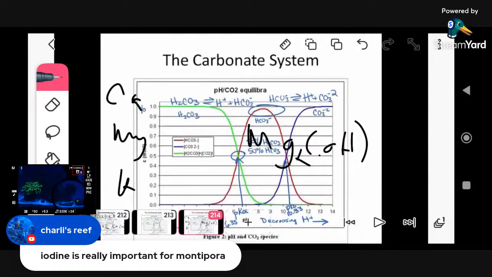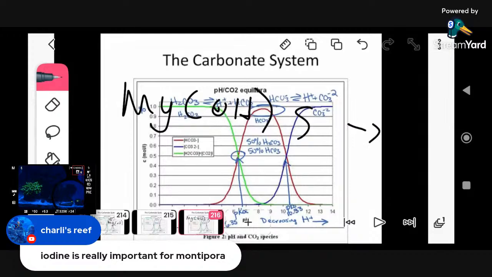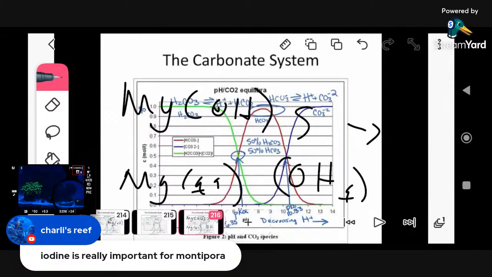Magnesium hydroxide, again, is a strong base. So again, it's going to dissolve in solution. So even though you form magnesium hydroxide solid in the water, it's going to dissolve back in solution into magnesium aqueous and hydroxide aqueous. Why?